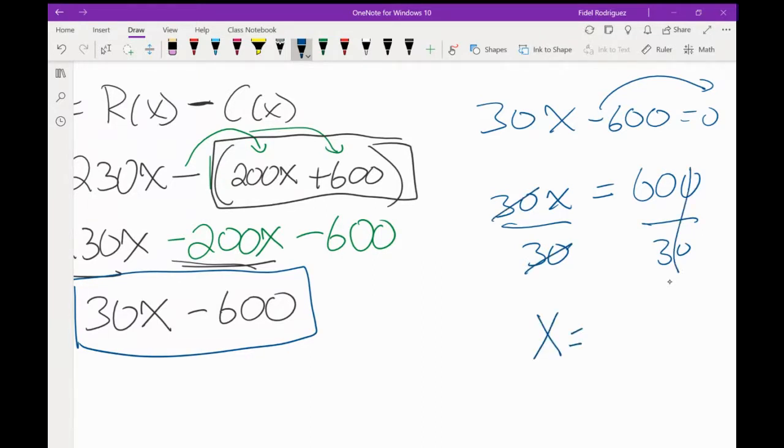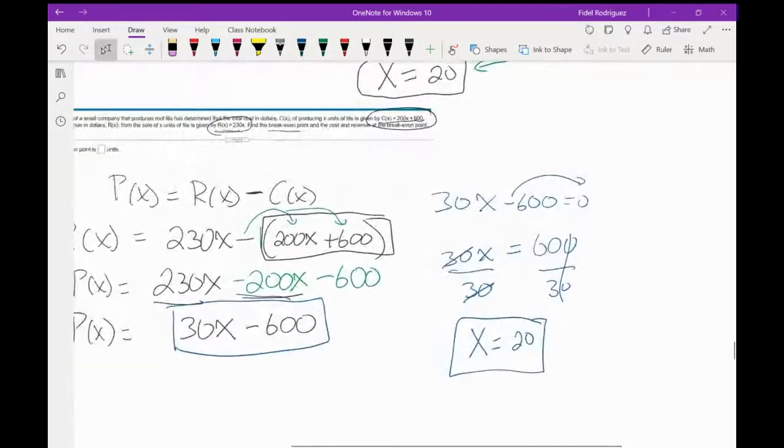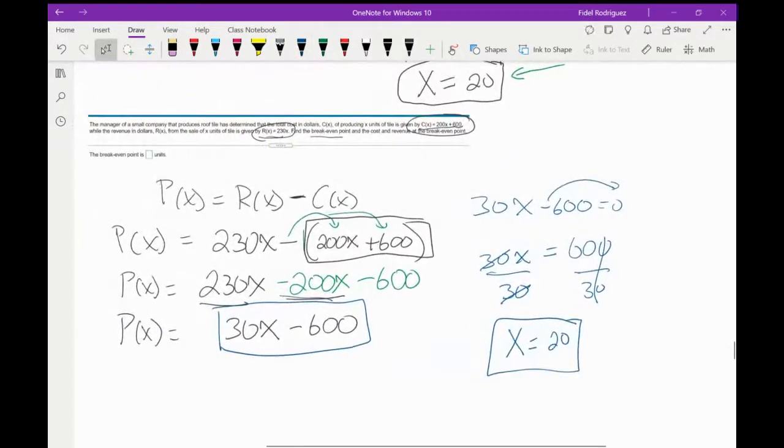And so those will go away. And 600 divided by 30 is just 20. Okay. So now when I come back over here, the break-even point is how many units? 20, right?